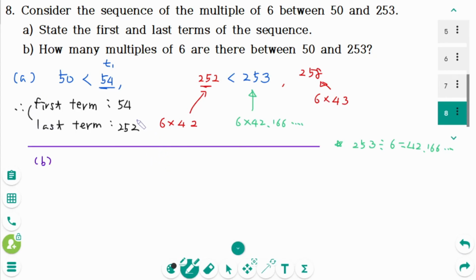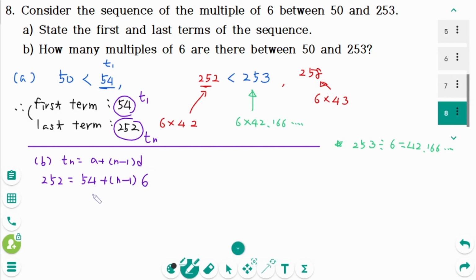Number B. Now we know T1 is 54, the last term Tn equals 252. The general term Tn equals A plus n minus 1 times D, then 252 equals 54 plus n minus 1 times D, where D equals 6.